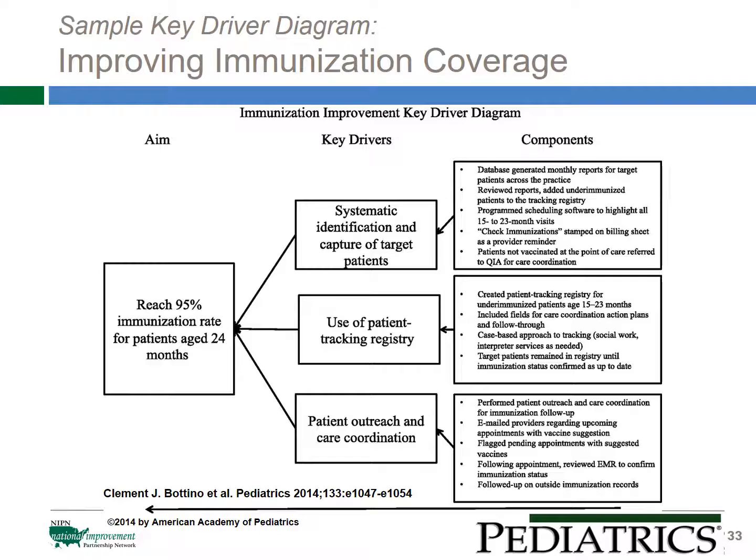Here they color key drivers, which would also be primary drivers: systemic identification and capture of target patients, use of a patient tracking registry, and then patient outreach and care coordination. So then on the right hand, you see those components or secondary drivers that would impact those primary drivers, things such as checking immunizations, creating a registry to track who's under-immunized, performing outreach and care coordination, etc.